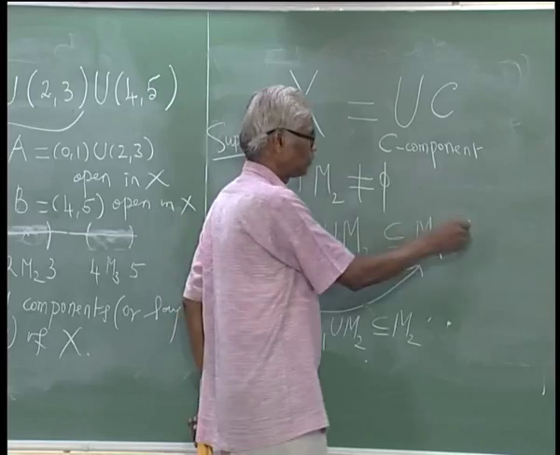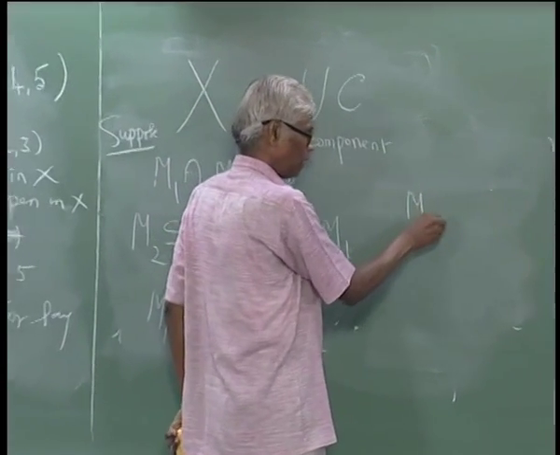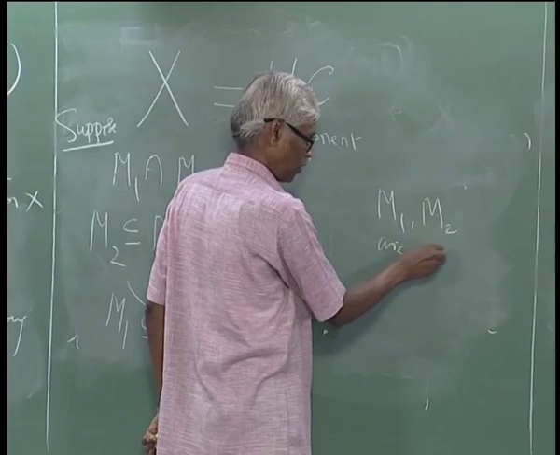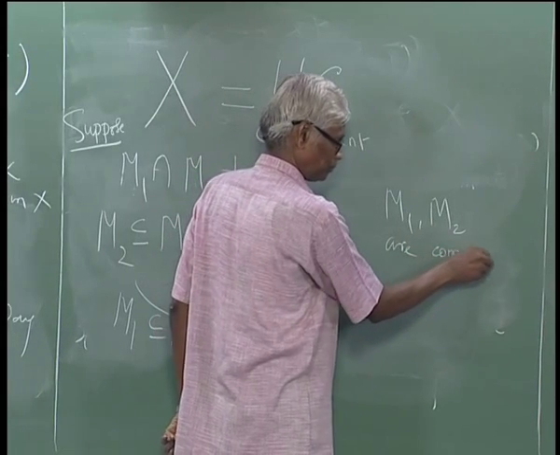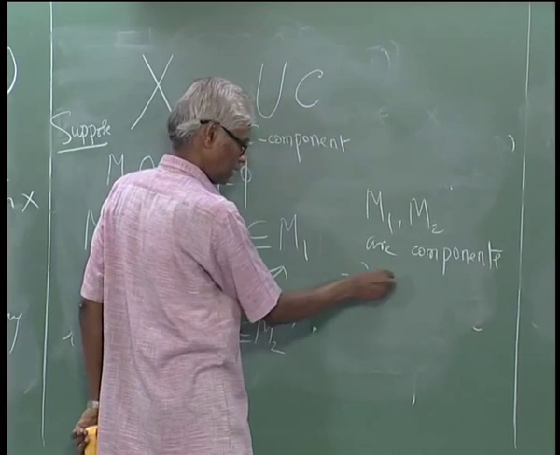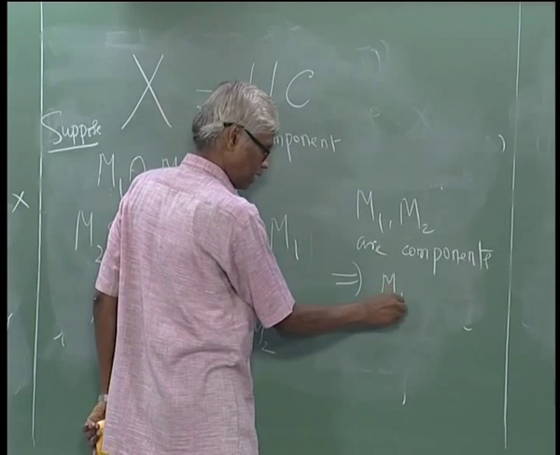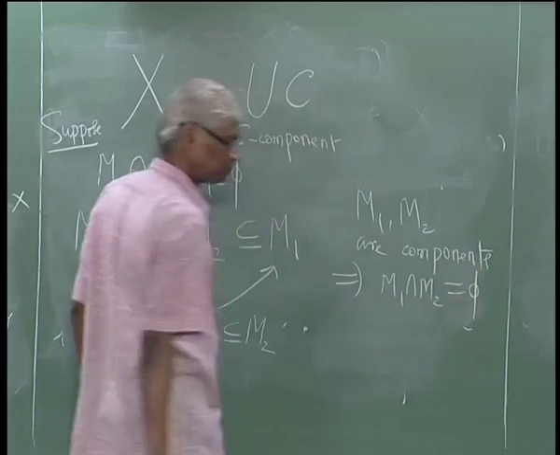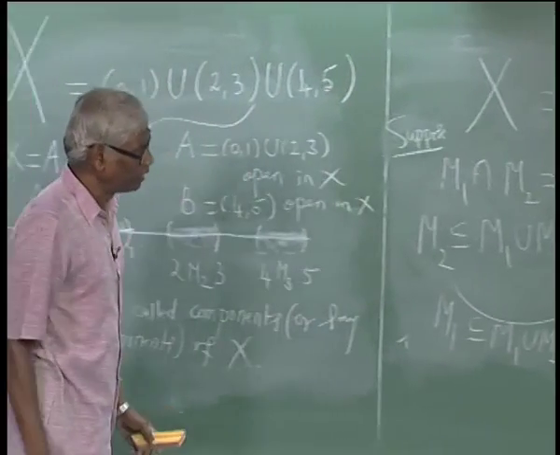That means, once M1, M2 are components, then either M1 and M2 are equal, or the intersection M1 intersection M2 is empty.